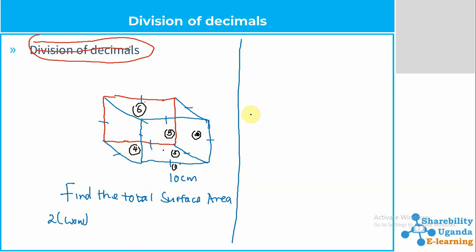So how can we come up with all this? Remember, we have our 10 as the width and also here our 10, because when you indicate these marks, it shows that all these sides are equal to one another. So now we want the total surface area, TSA.